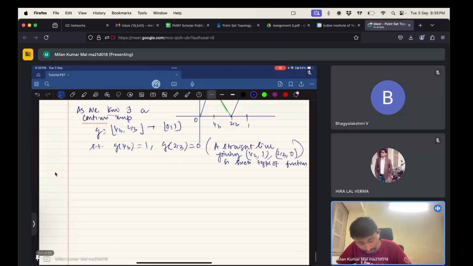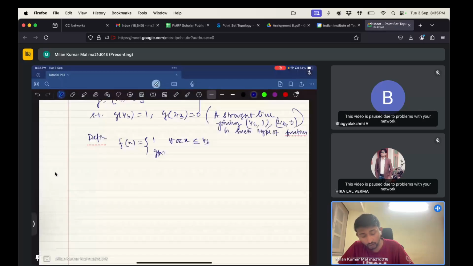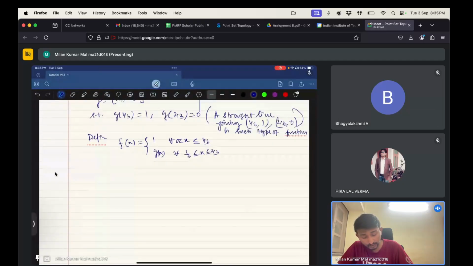Then define f(x) equal to 1 for all x from 0 up to less than or equal to 1/3, and g(x) for all x between 1/3 and 2/3, and 0 for all x greater than or equal to 2/3.